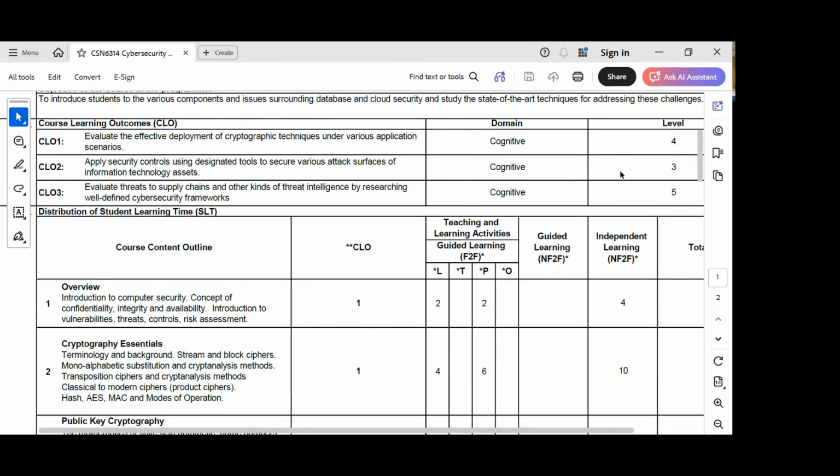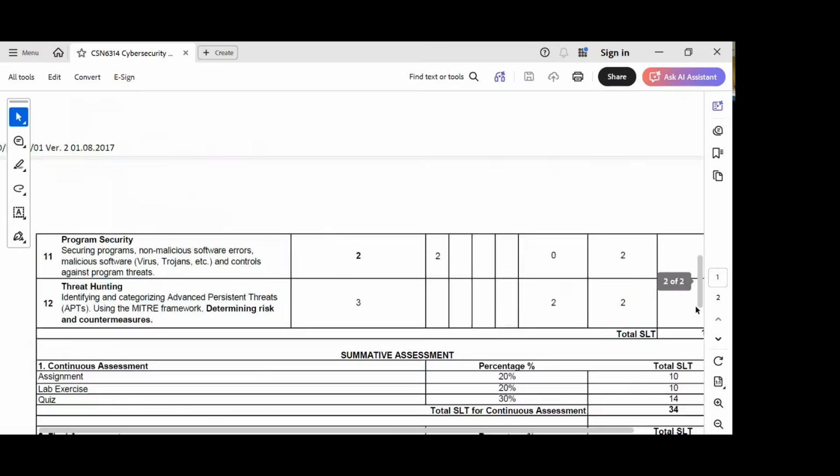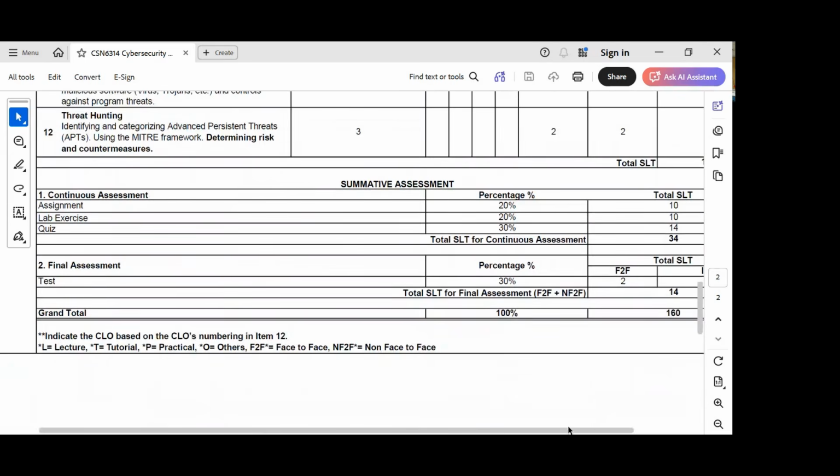I got an email from one of you about the minimum marks. Minimum marks means you need to score at least 40% for both components. Both components have an assessment: coursework and final assessment.